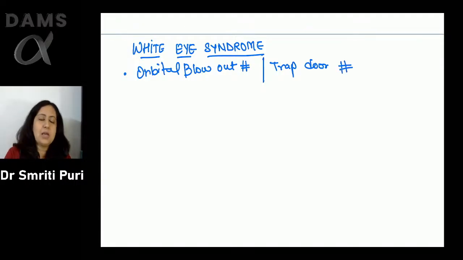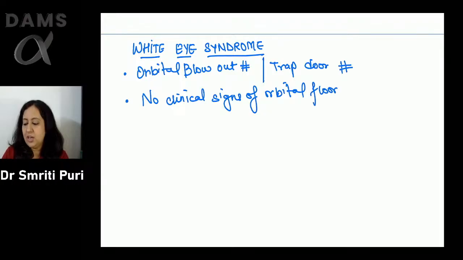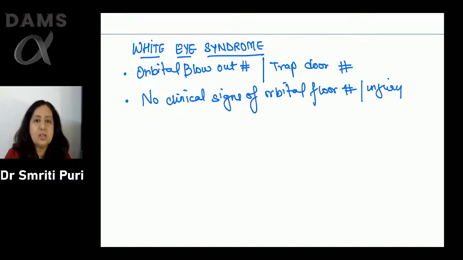Okay, so if this kind of a patient walks into you in the emergency room, there will be no clinical signs of orbital floor fracture or injury if you just look at the child.